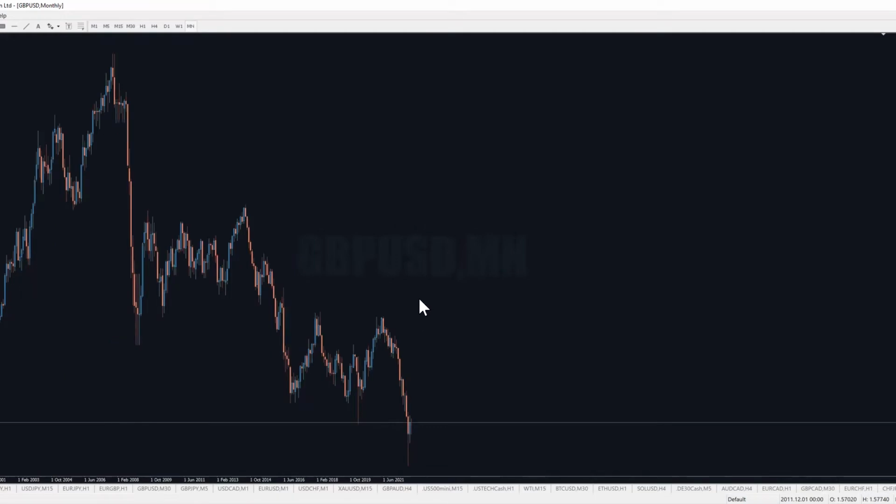And last is, where is price at the moment? Is price at this particular point in a good level to look for, for example, trend continuation? If you just broke this low, is price now in a good stage to look for shorts into the direction of the bigger picture that price just broke this low?